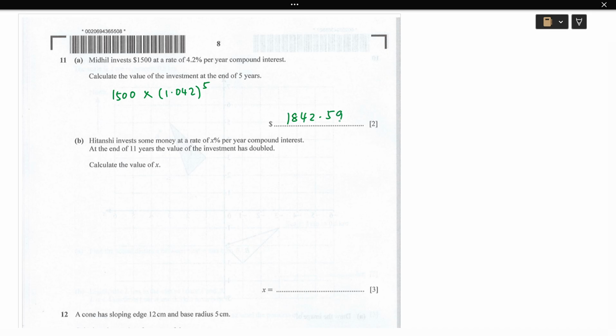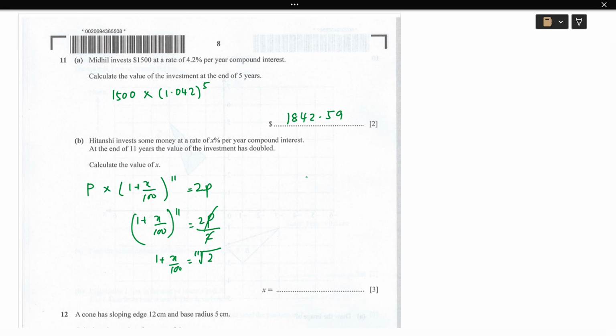The next question: Kitansi invests some money at the rate of X percent per year compound interest. At 11 years, the value of the investment has doubled. Calculate the value of X. So the investment is P. P times (1 plus X over 100) to the power 11 equals 2P. So (1 plus X over 100) to the power 11 equals 2P over P, which is 2. So 1 plus X over 100 equals the 11th root of 2.